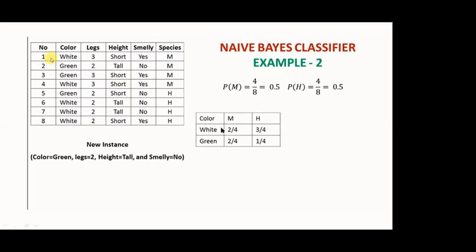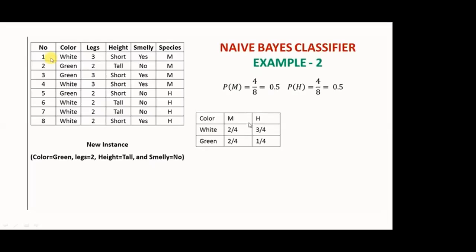Probability of color being white for M species: there are 4 M examples, and among them white is 2, so 2 divided by 4.